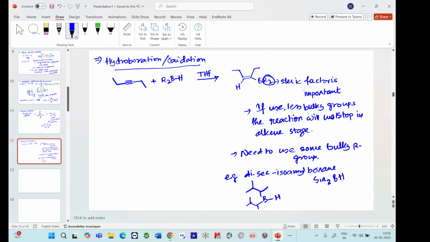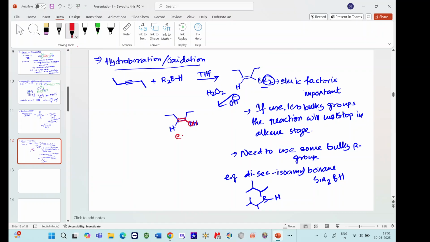So it can react like this. So suppose I am using this R2 as this Sia2. Then next step we will introduce H2O2 in base, so that we will get this OH and H. One thing to notice here is that you have an ene, that is a double bond associated with the hydroxyl group.